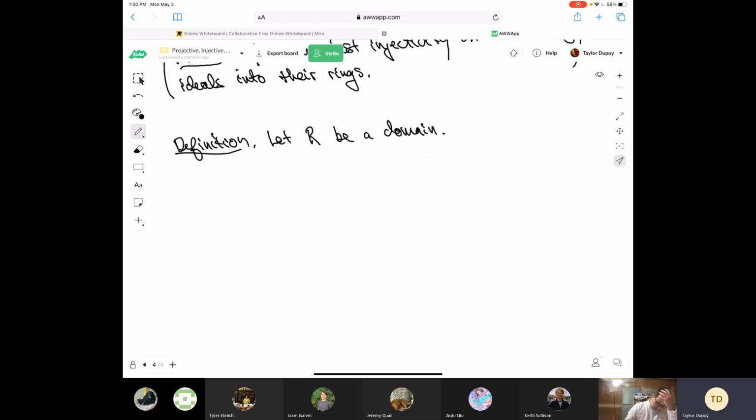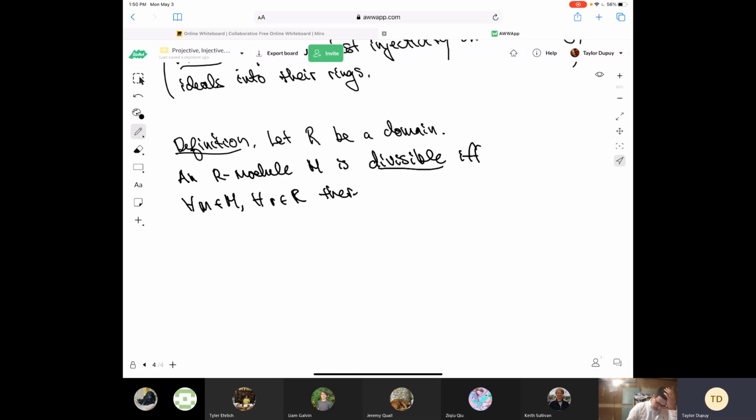A module M is divisible if and only if for all m in M and all r in R, there exists some m prime such that r m prime is equal to m.